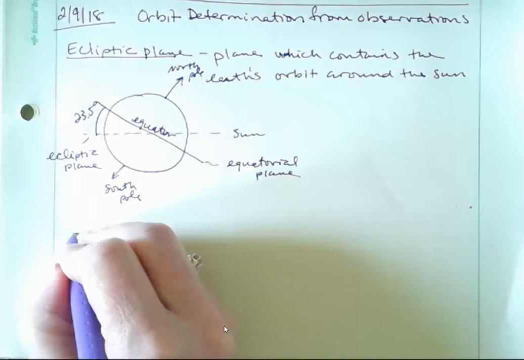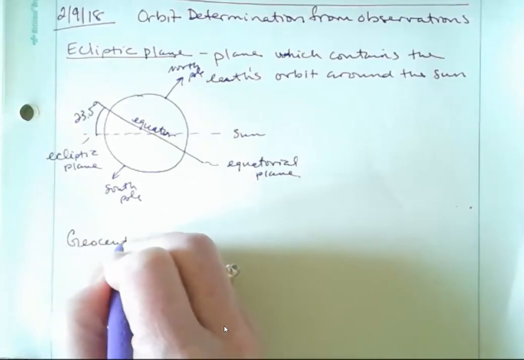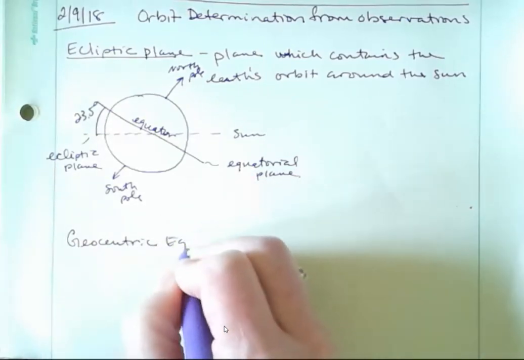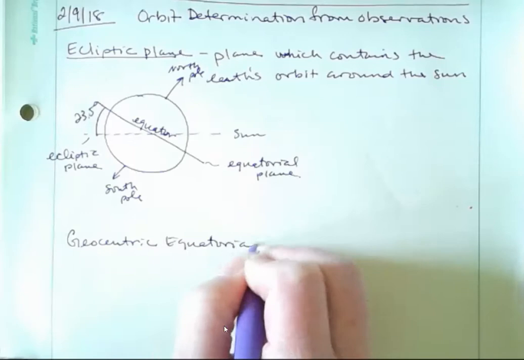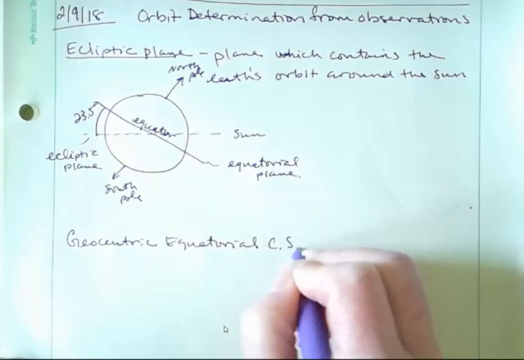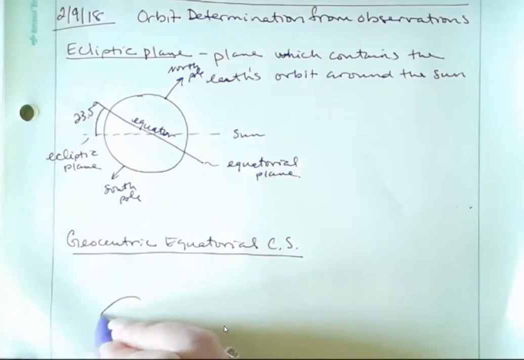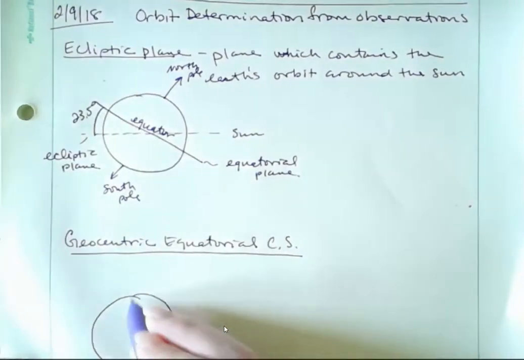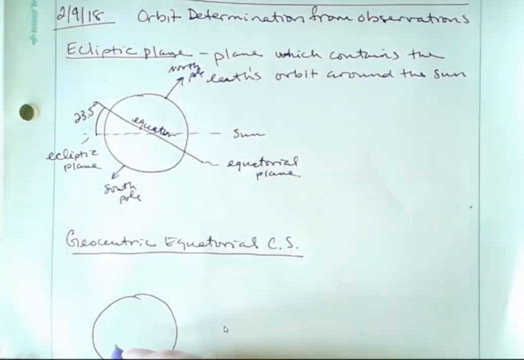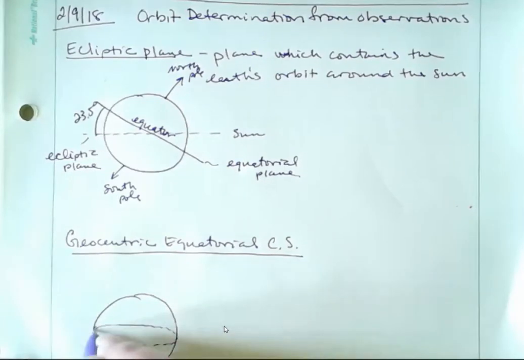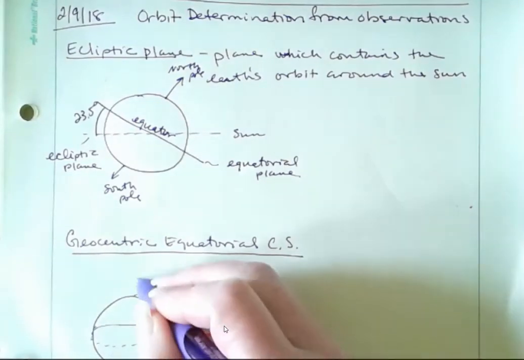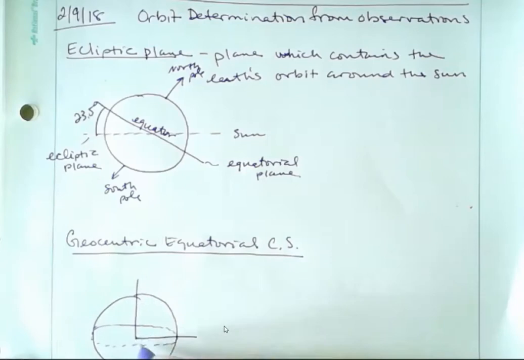All right. So now let's look at the geocentric equatorial coordinate system. So let's draw this picture. It's supposed to be like a sphere here. So put dots here, make it look more like a sphere, and then we're going to have X, Y, and Z. Okay.